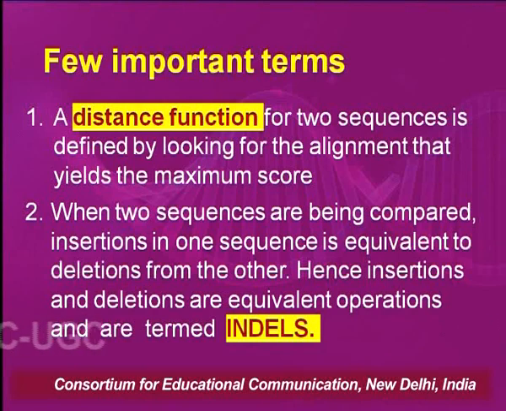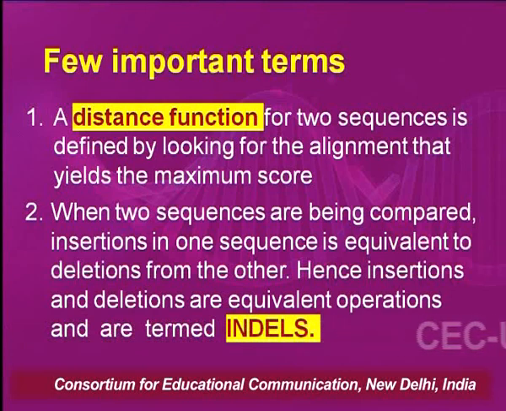Before we actually talk about the algorithms, we must understand a few important terms which will be cited at several places and will keep coming in between. The first of these is a distance function. A distance function for two sequences is defined by looking for the alignment that yields the maximum score.